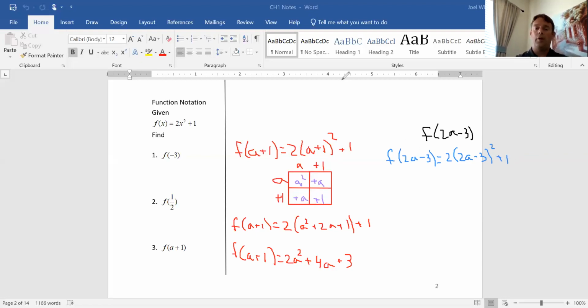Now, go ahead and make our generic rectangle here so we can finish this off.